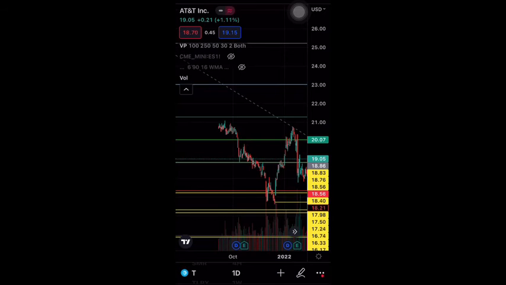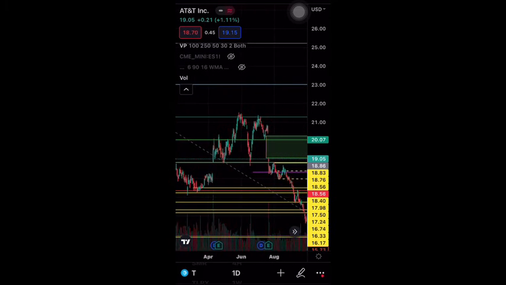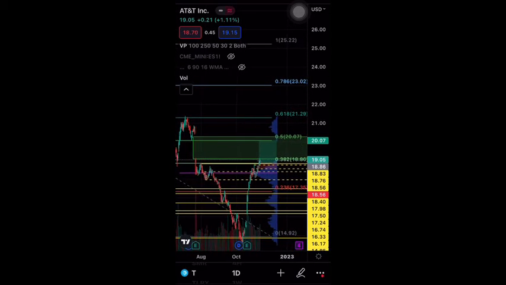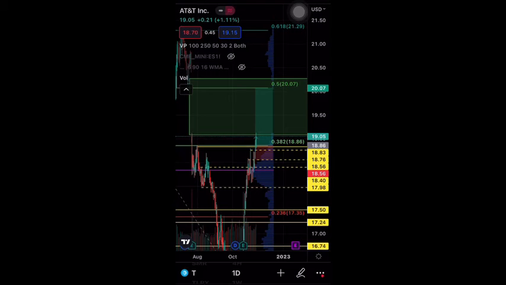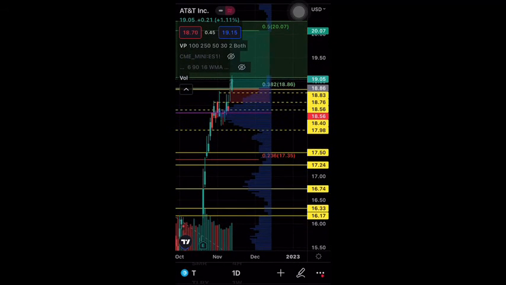We just move the long position up. If we had a down position, we would move the down position even lower, basically just using the levels as stepping stones, either on the way up or on the way down.